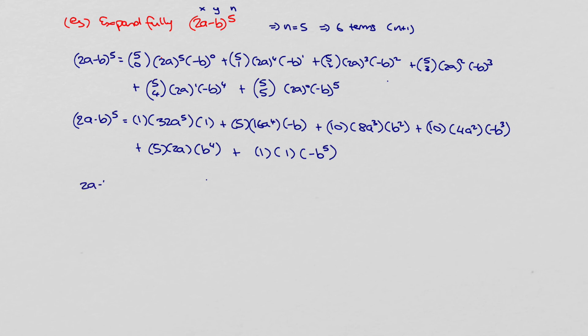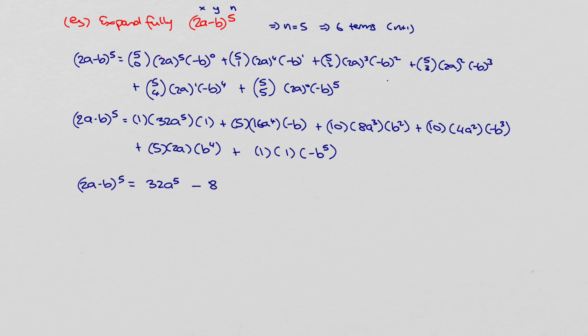So we just have to tidy up now by multiplying out our brackets. So we have 32a to the power of 5, and then it's going to be minus 80a to the power of 4 b, plus 80a cubed b squared, minus 40a squared b cubed, plus 10ab to the power of 4, minus b to the power of 5.